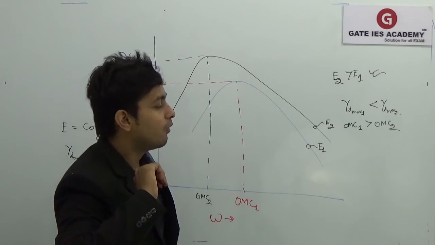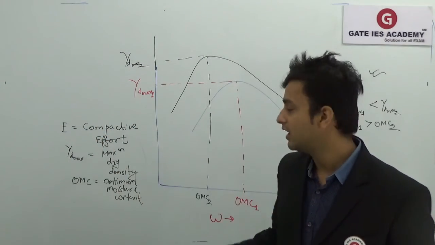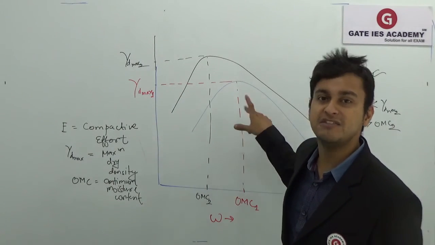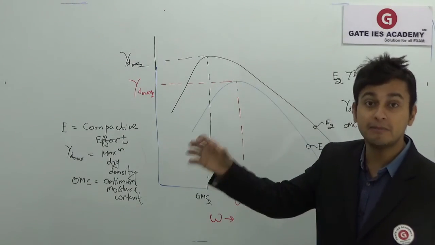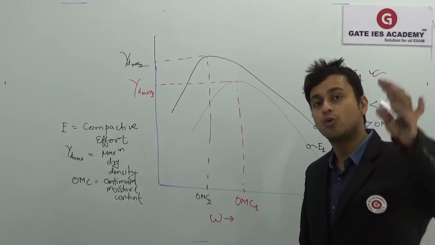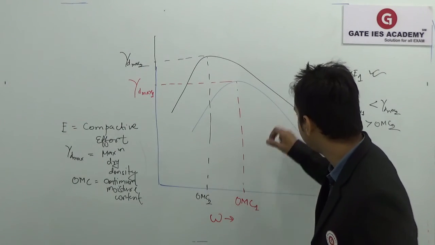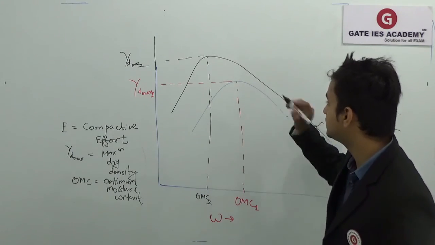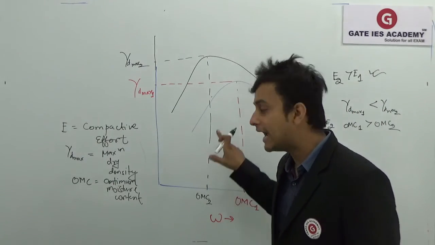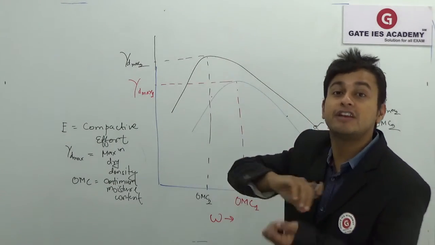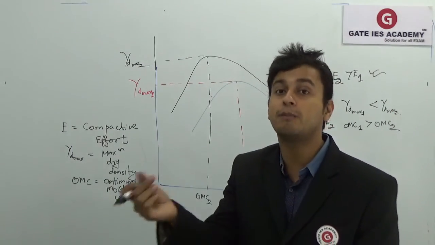So here somebody asked, what if the system is achieving saturation? The theoretical maximum dry density would be at a particular moisture content, not corresponding to this graph. That would be when you have removed the whole of the air voids at that water content, not by adding more water.